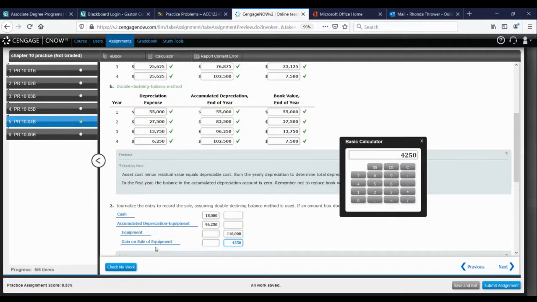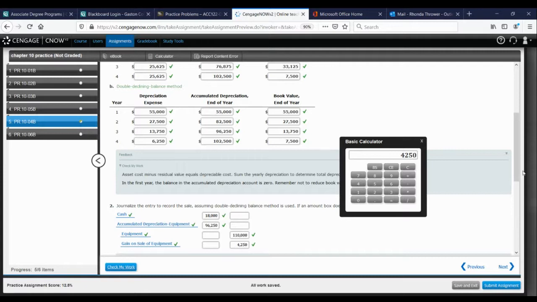The gain on the sale of equipment would go on the multi-step income statement in the other items category, and it would be credited in your ledger because we are adding to this type of income or this type of gain. A gain is similar to revenue in that it increases on the credit side.